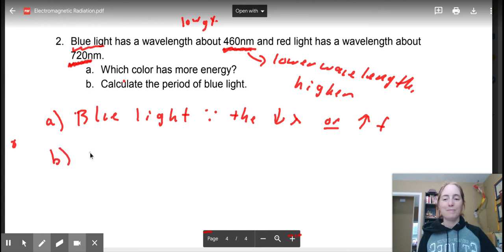Okay, B, calculate the period of the blue light. Okay, well, we know that the period is the inverse of the frequency, and the information that we have available to us for the blue light is our 416 nanometers. That's supposed to be 460.